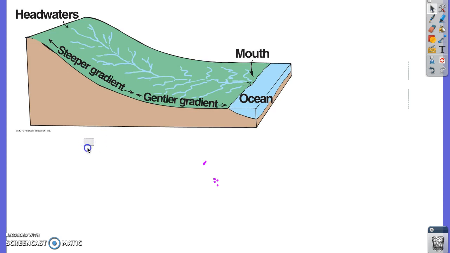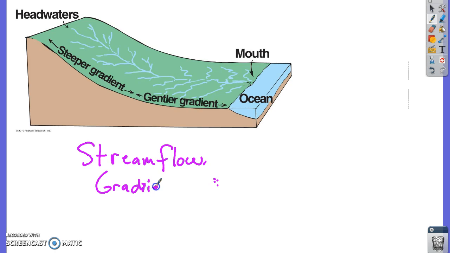Now, how much they erode or how much they deposit has a lot to do with the stream flow, and there's several things that affect the flow of a stream. Okay. Factors that affect it. The first one is the gradient of the stream. All right, and basically, how steep is it?